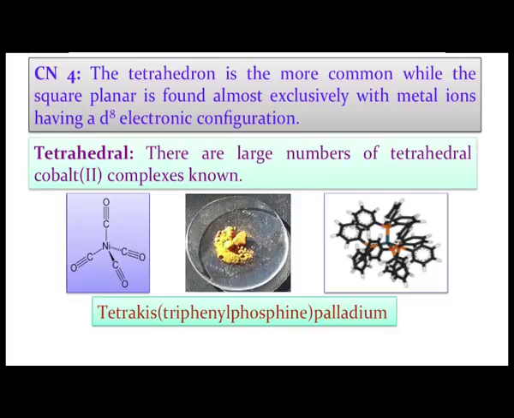That means we will see the triad of Ni2+, bivalent nickel, bivalent palladium and bivalent platinum. These are all in the series of the d8 electronic configuration. They can have this particular arrangement, and the other alternative arrangement is the tetrahedron, and we all know that there are a large number of tetrahedral cobalt(II) complexes.